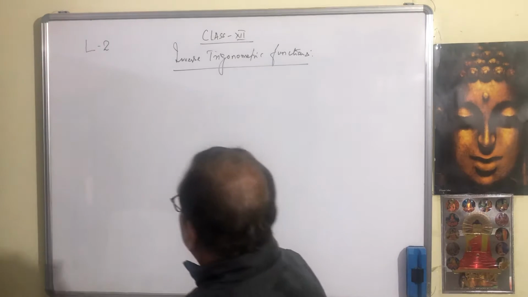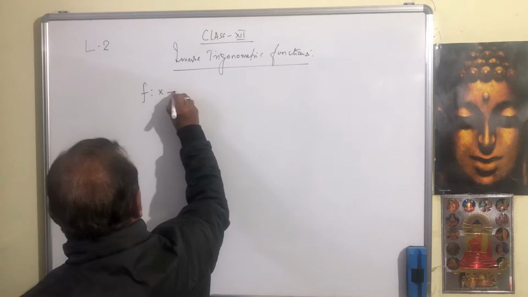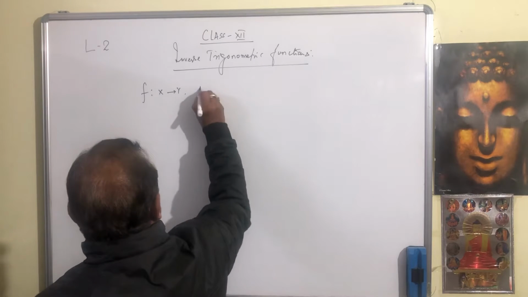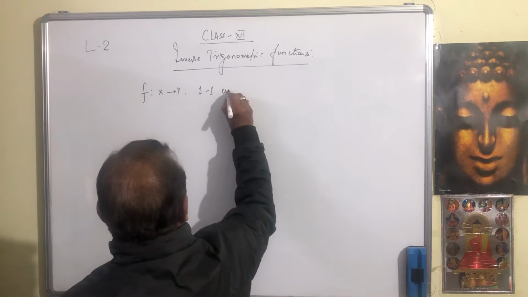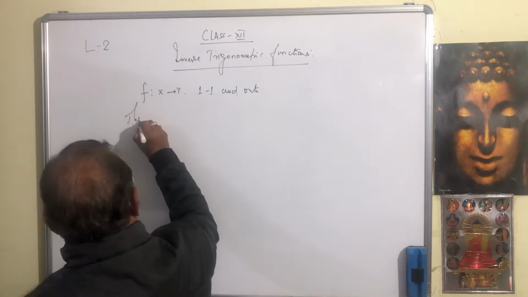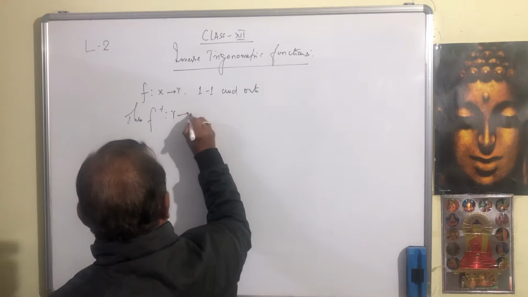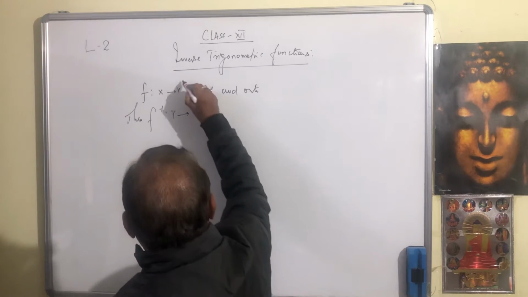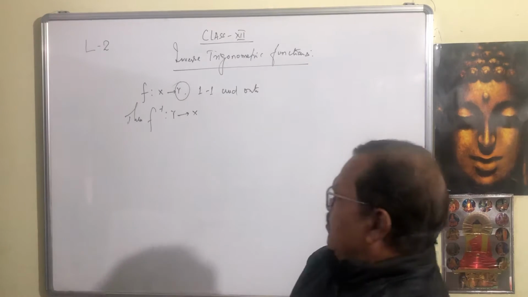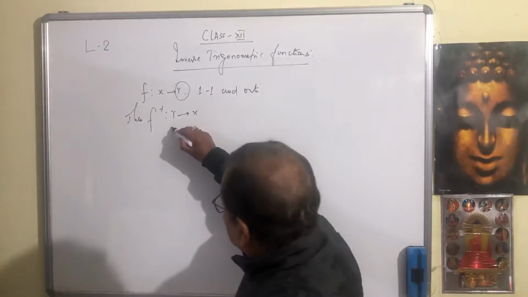That we had seen last time, that f is a function from X to Y, which is 1-1 and onto. Then f inverse is a function from Y to X. So the codomain of the function f becomes the domain of f inverse.